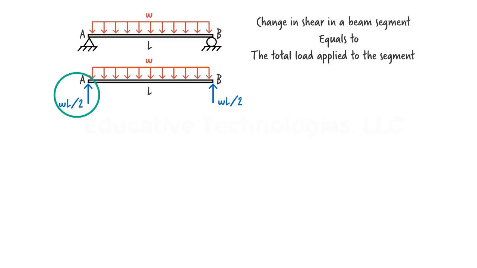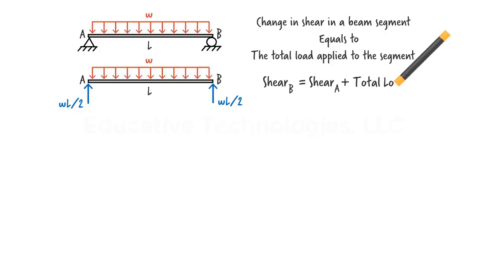So if we know shear at A, and we know how much load is being applied to segment AB, then we can easily calculate shear at B. That is, shear at B equals shear at A plus the total load applied to the segment.